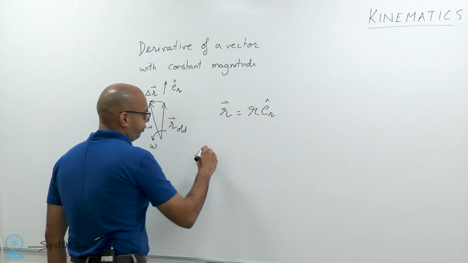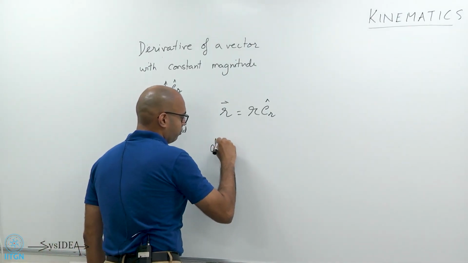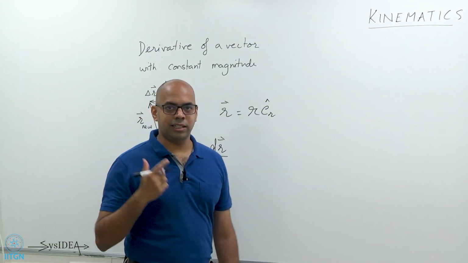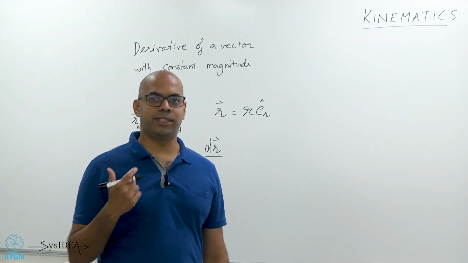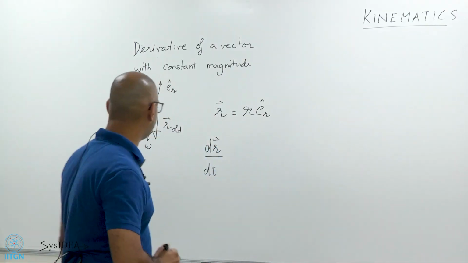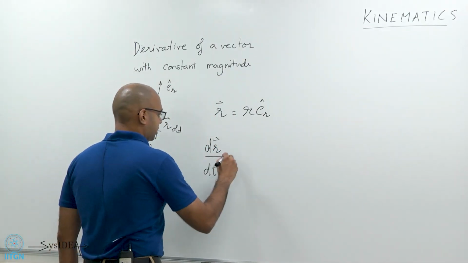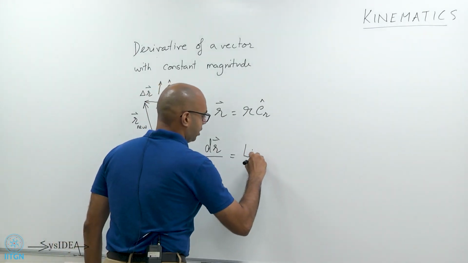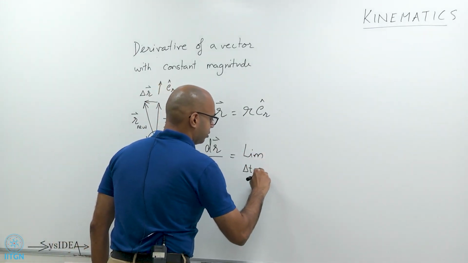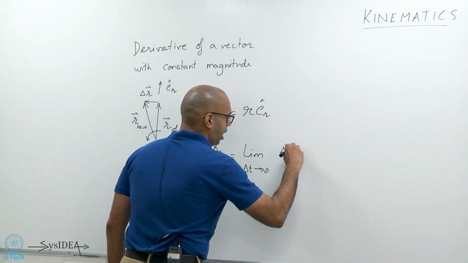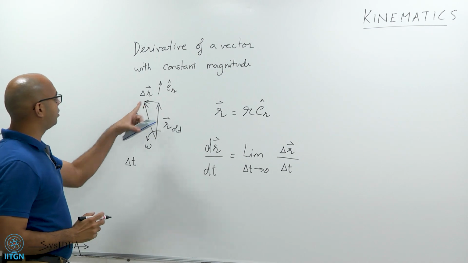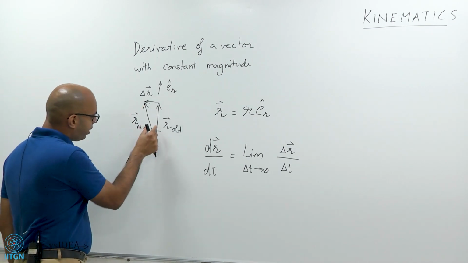Now, if I were to figure out the derivative of this vector, remember a vector has magnitude and direction. Even if the magnitude is constant, if the direction is changing, it will have a non-zero derivative, right? So, this would simply be the limit as delta t tends to 0 of delta r over delta t, and delta r, as you can see, is a vector for a very small time instant.